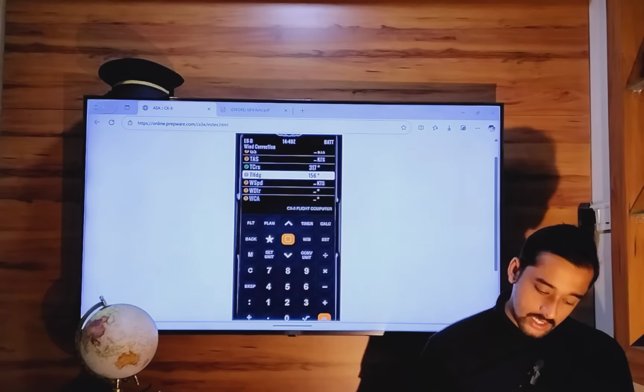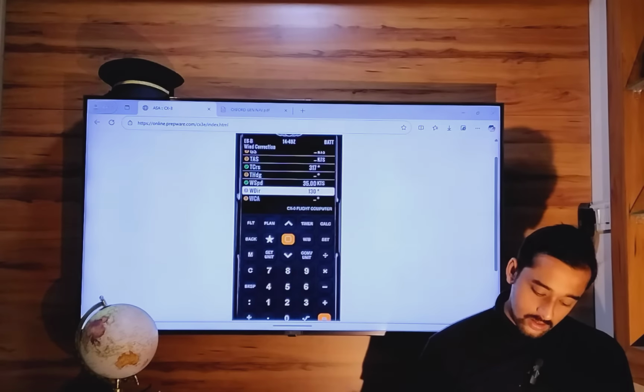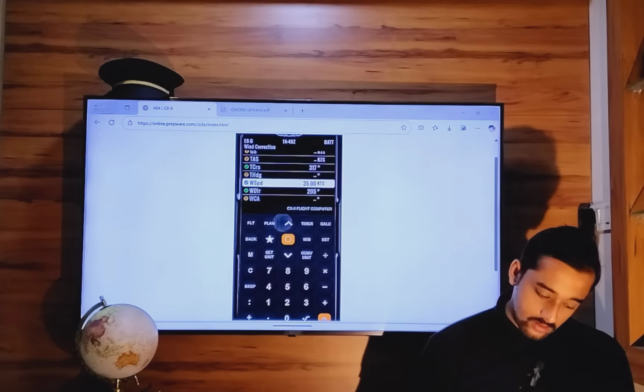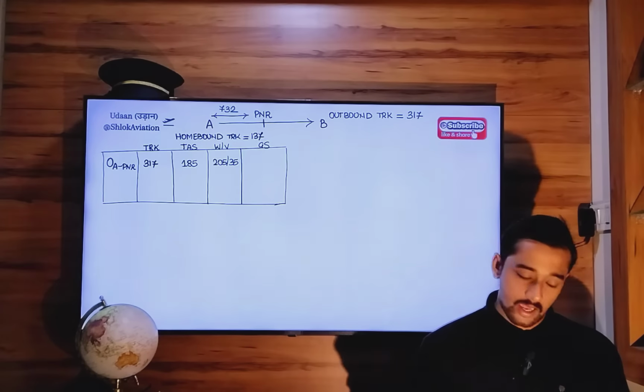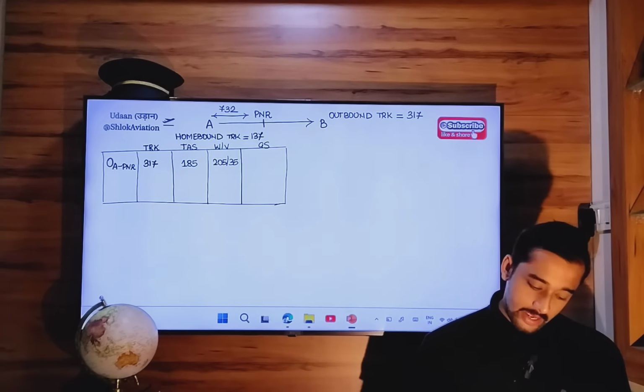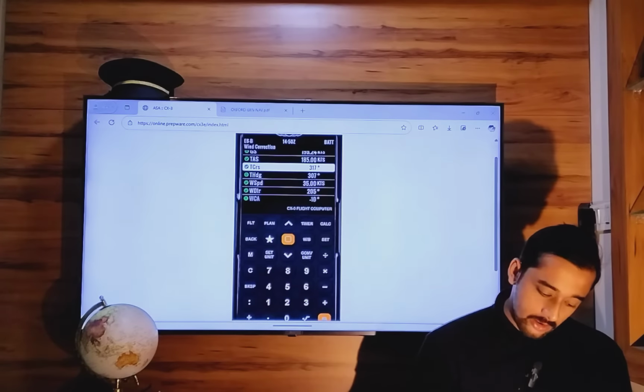317 course. So TAS 185, course 317, and winds 205 at 35.